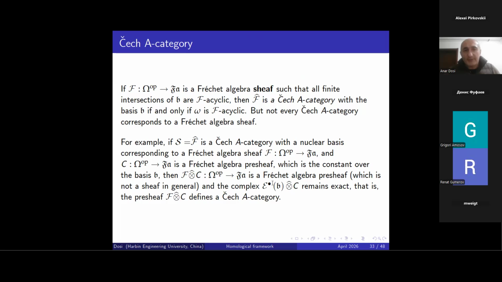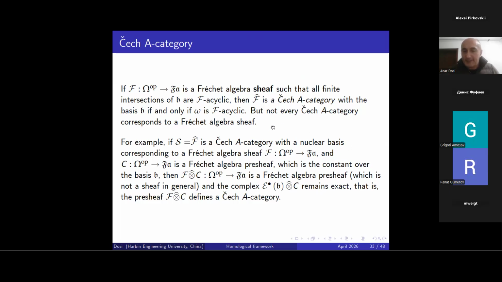For example, elementary tensoring sometimes ends up with a presheaf, not a sheaf. But yet, this property holds, so you can get exactness here. That's why it doesn't mean a Čech category should correspond to a sheaf. No, that's not true. And we have more concrete examples below.